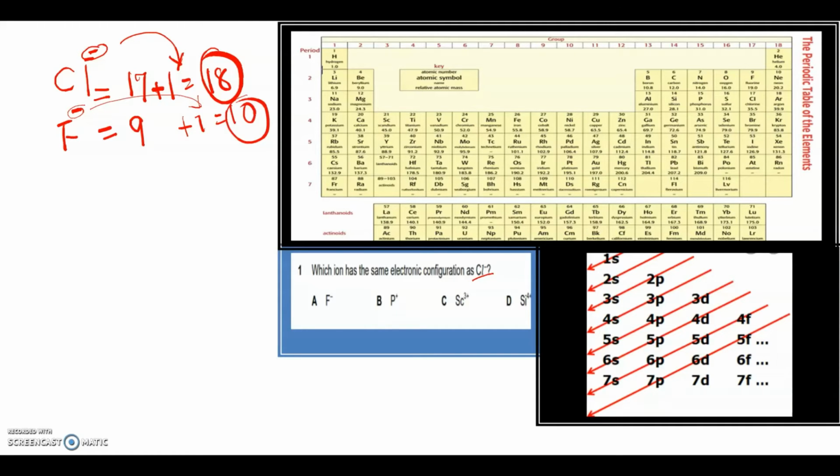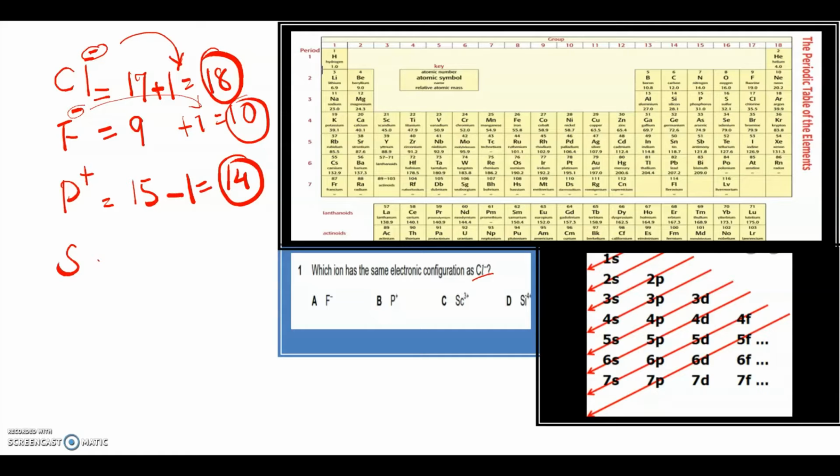Now come to the second option, P plus. It has proton number 15, but +1 means 15 electrons minus 1 electron, so at this time it has 14 electrons.